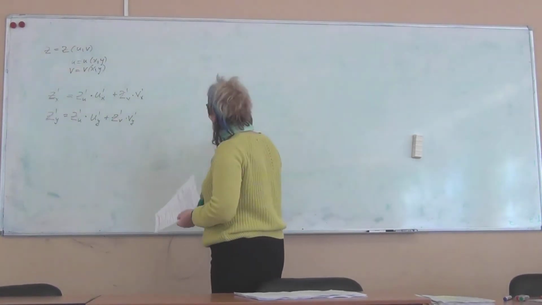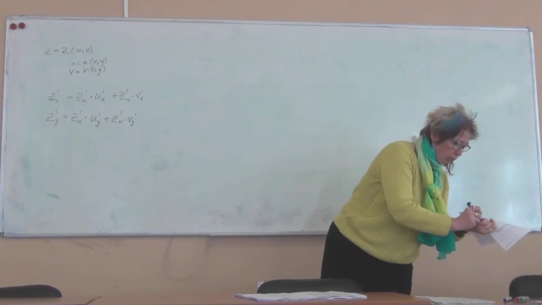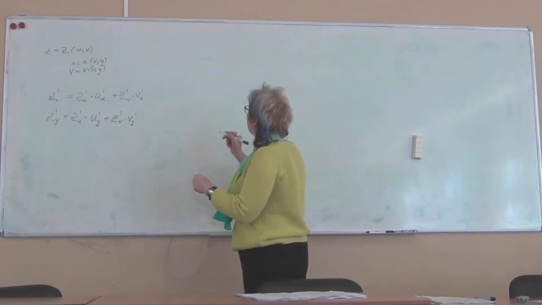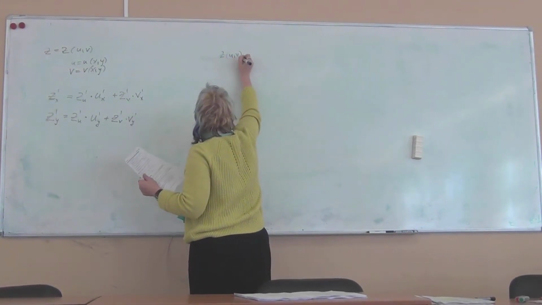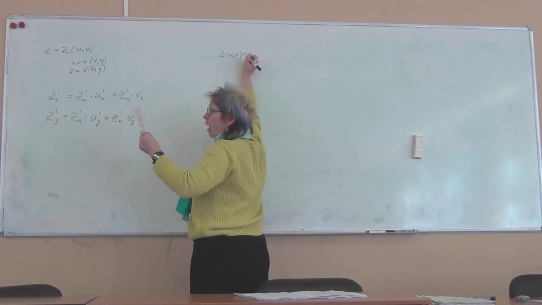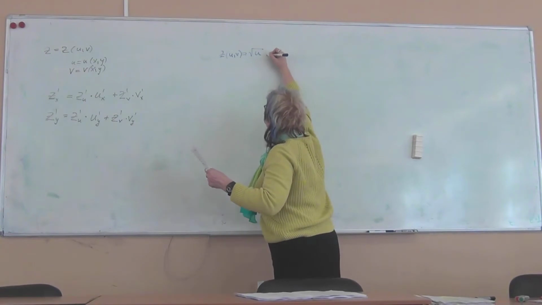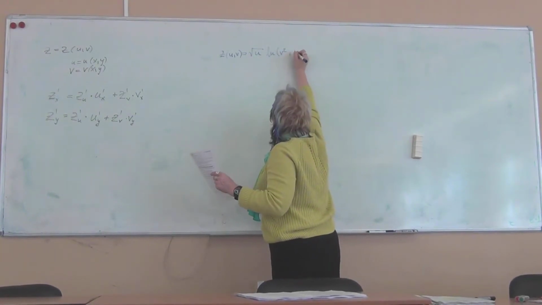For instance, I'll do the example in blue for the sake of change. Let's suppose that we have the function z of u and v written as square root of u times natural logarithm of v squared plus 1.